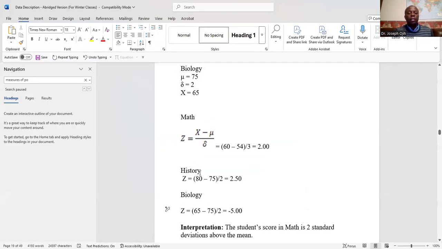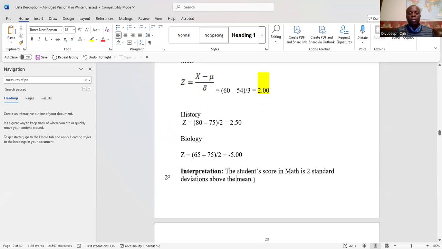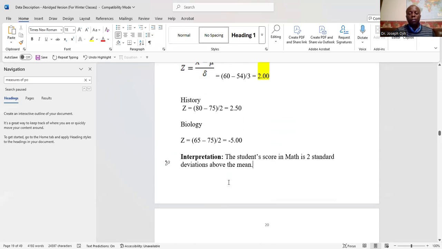So you can see that the z-score for maths is 2.0. This is how we say it: the student's score in maths is 2 standard deviations above the mean.